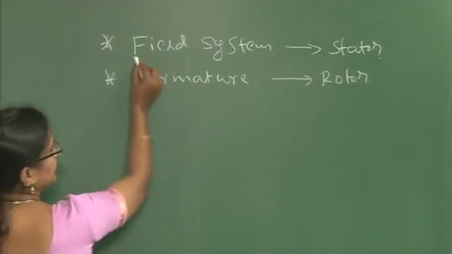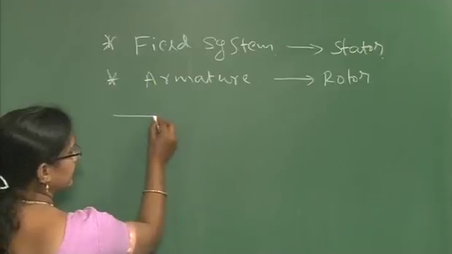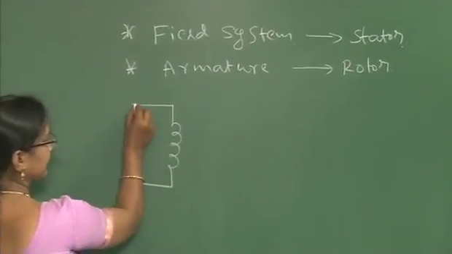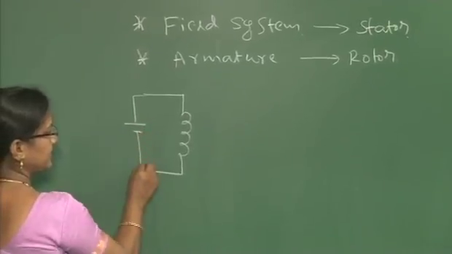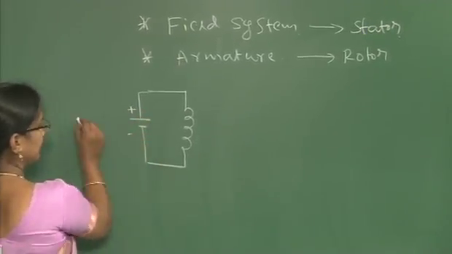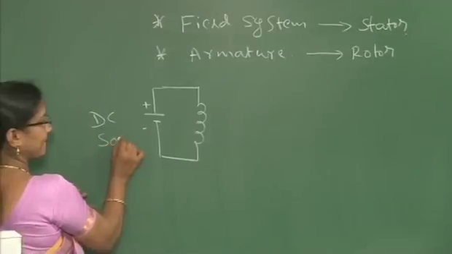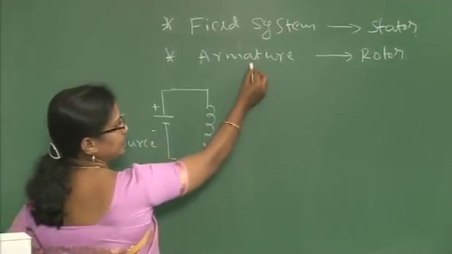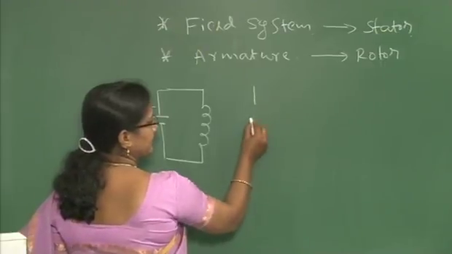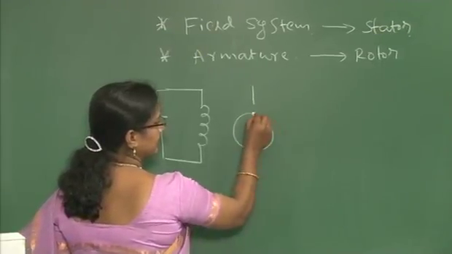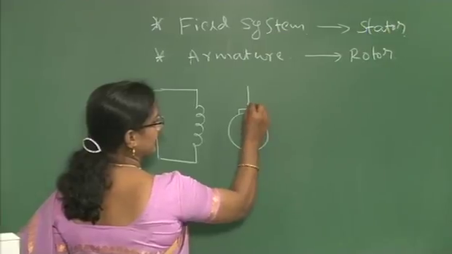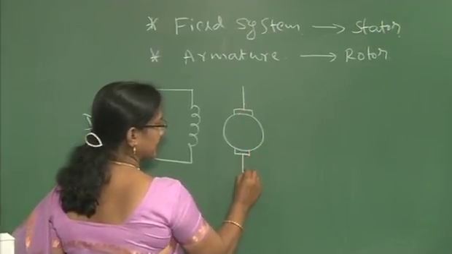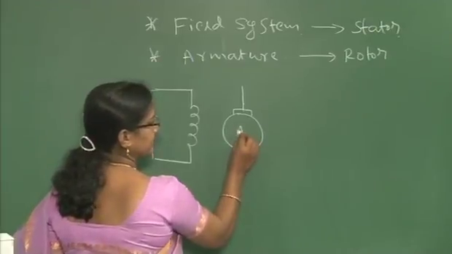The field system has windings, wound on the pole, and it has to be excited by a small DC source to produce the magnetic field, and the armature can be equivalently represented with a circle like this. So, you can represent it as A.